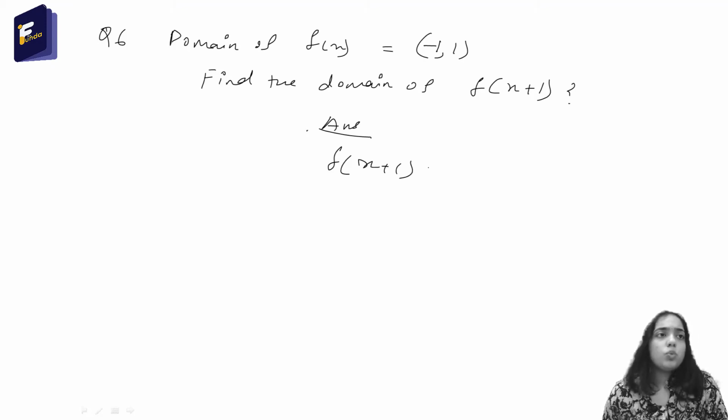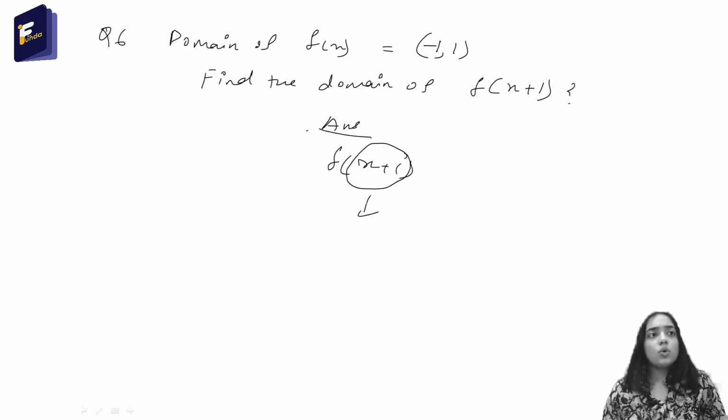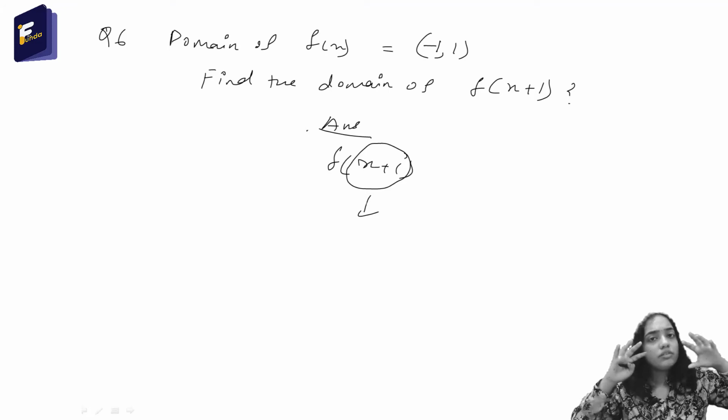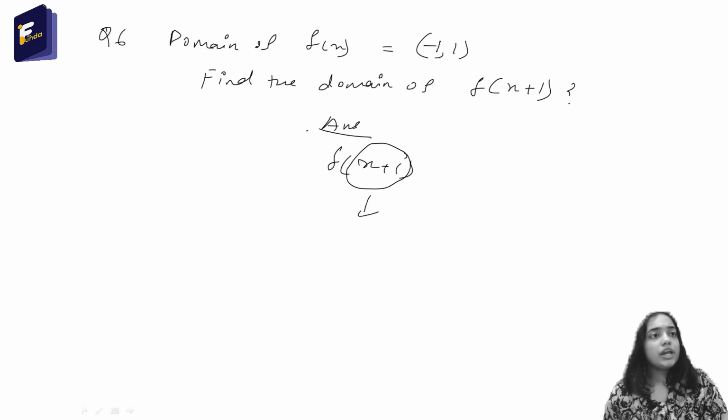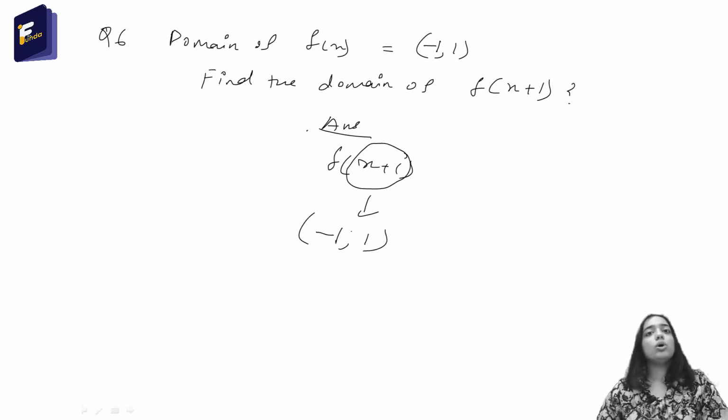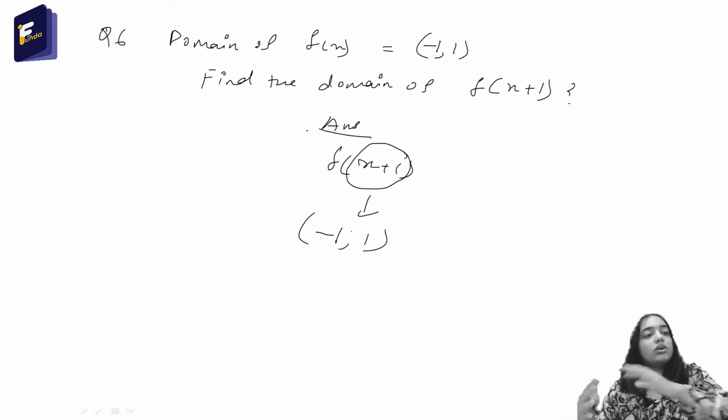Okay, so now we are given f(x plus 1). Whatever may be the value of the variable, if I do f(x plus 1), x plus 2, or x plus 3, x plus 100, whatever I do, I know that whatever we are putting inside the function should be a number between -1 and 1. Okay, it cannot be 2 or greater than 1, or less than -1.